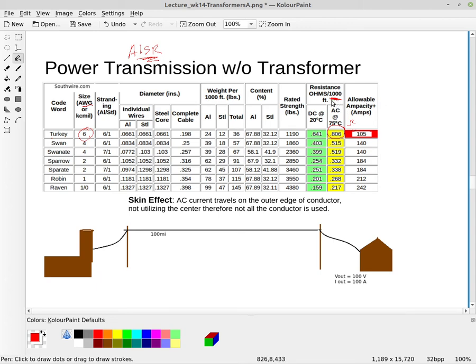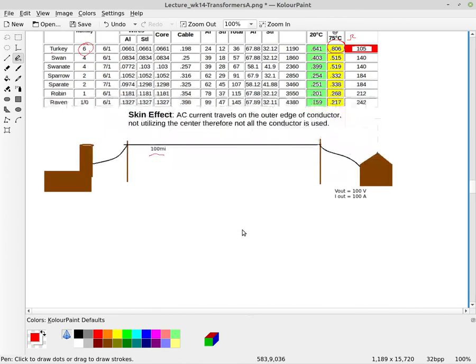Okay, so remember, a single mile is over 5,000 feet, right? 5,280 feet. And we're transmitting this 100 miles.